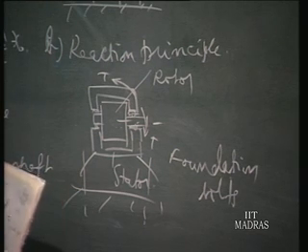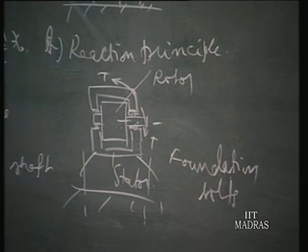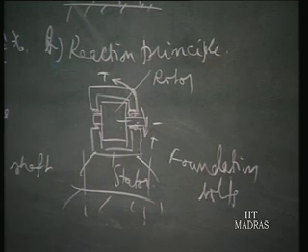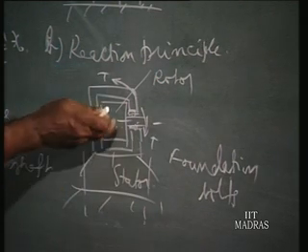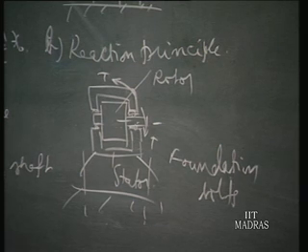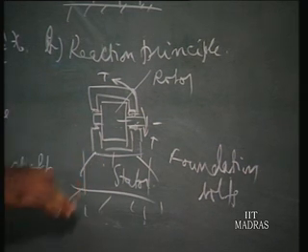At the end they will have some branched or split construction, so that the foundation bolt is rigidly cemented to the ground, and it is able to withstand the torque. The higher the capacity of the motor, the stronger will be the foundation bolt. It is because the reaction torque should be absorbed, otherwise the stator will start rotating. So now here the reaction torque is to be accounted for by fixing strongly.